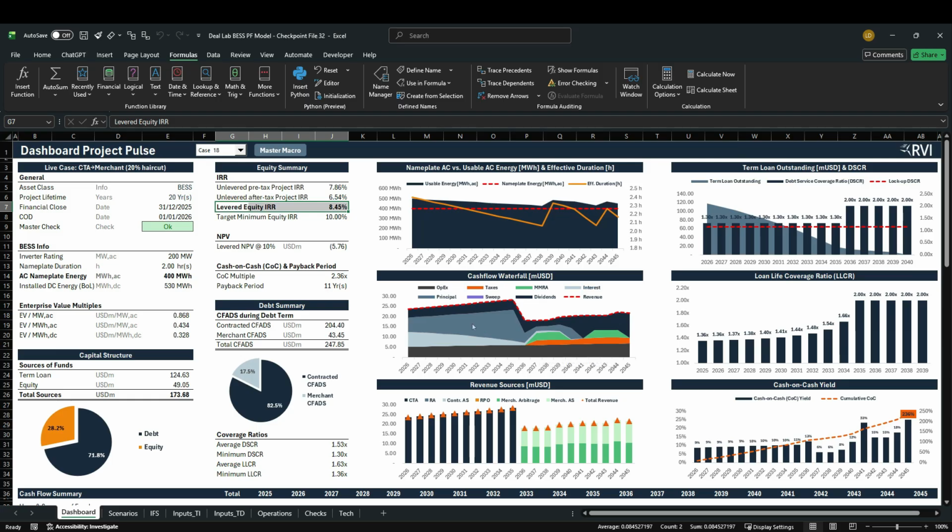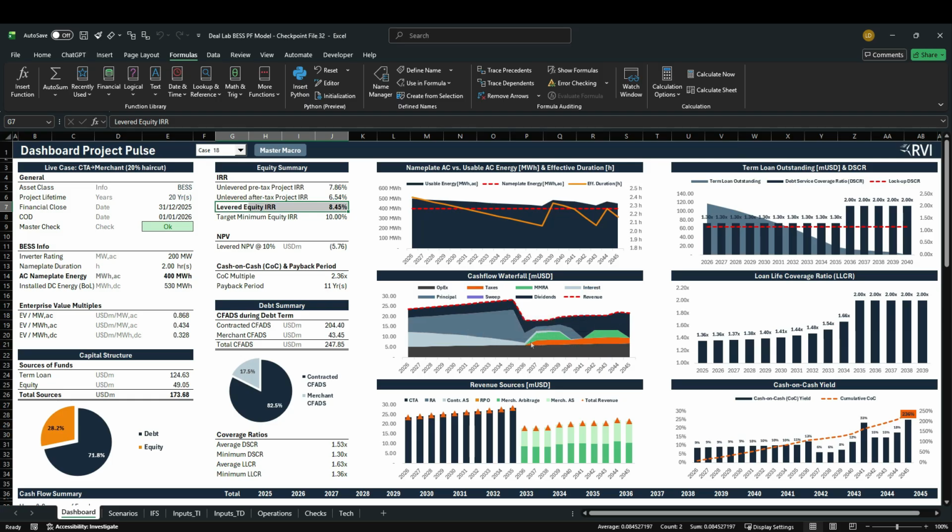And what we expect now, once we flip over to case 21, is that in our cash flow waterfall, the dark blue dividends will disappear after year 6. Our cash on cash yield should be 0 from year 2031 onwards. And we should sweep away the principal as fast as we can. And hopefully that happens within our contracted period.